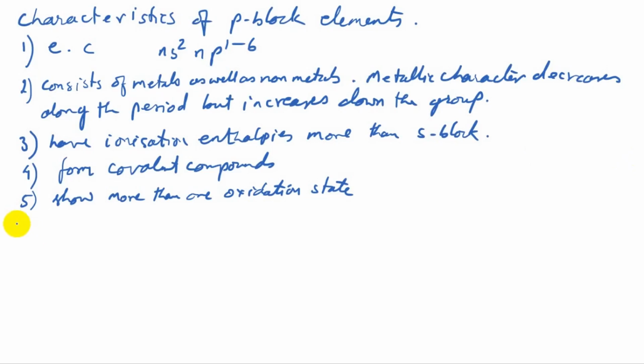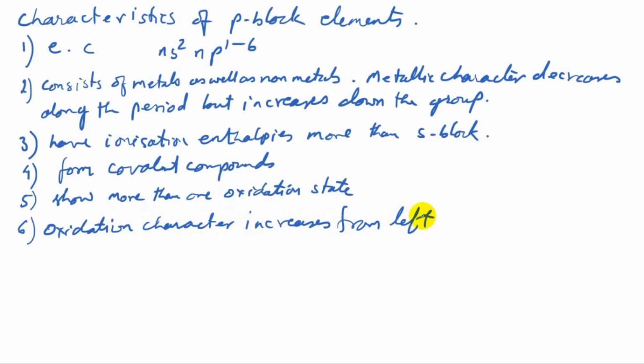Okay, then the next one. If we talk about oxidation, the oxidizing character increases from left to right. As you're going rightwards, the character will be more, but the reducing character increases top to bottom.